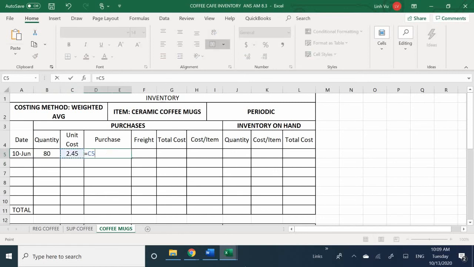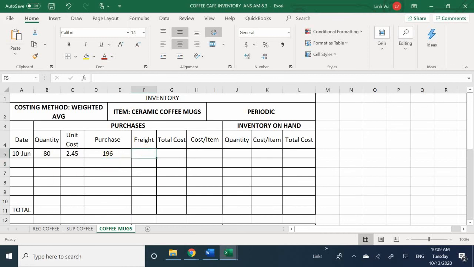So then your total purchases should be 196, which we know because that's what we journalized. All right. What was our freight? 100, bringing us a grand total of what? 296.